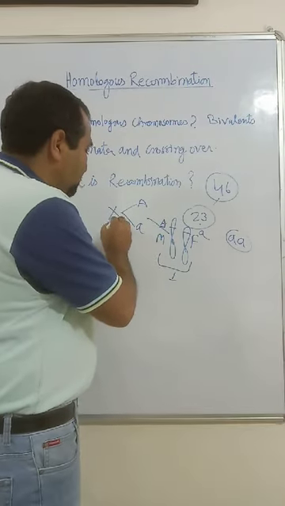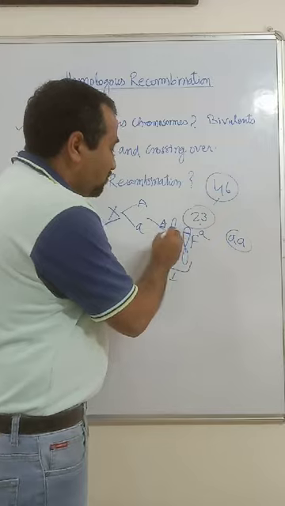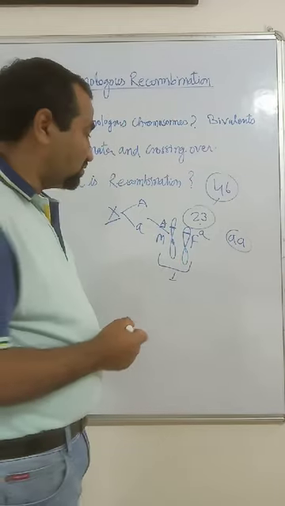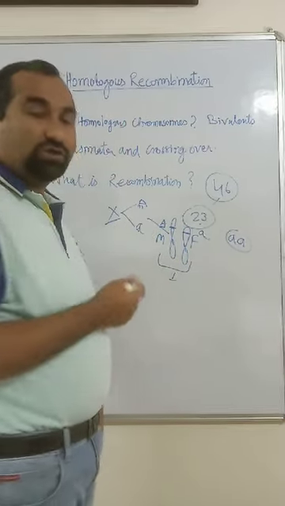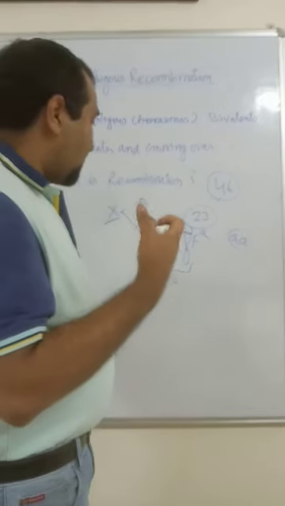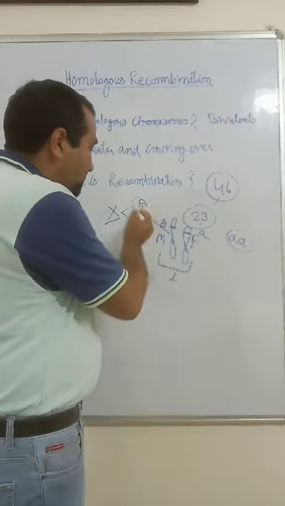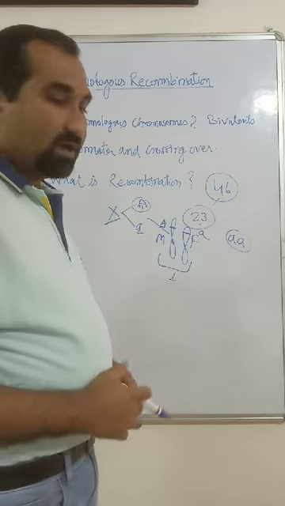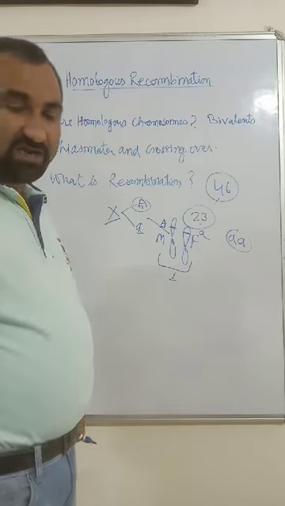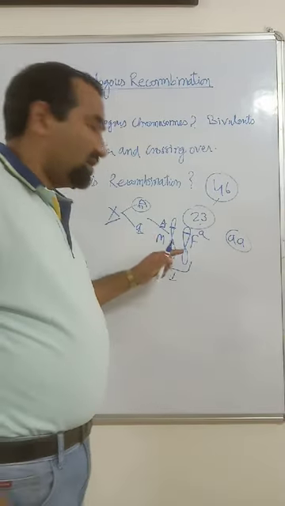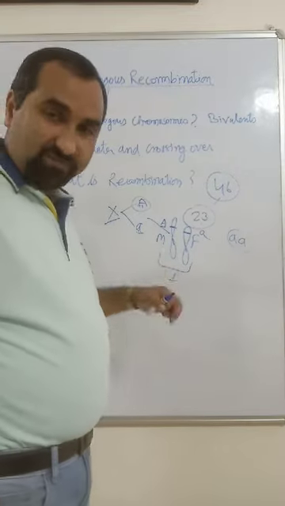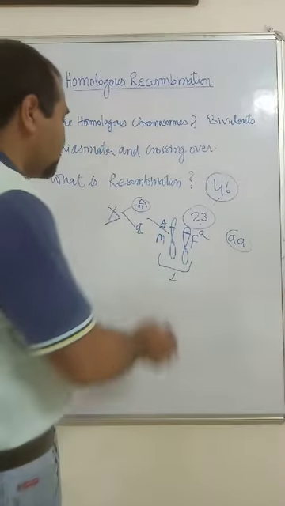This gene resides at a particular locus of the homologous chromosomes and it has two alternate copies. These alternate copies of a gene are present on homologous chromosomes.